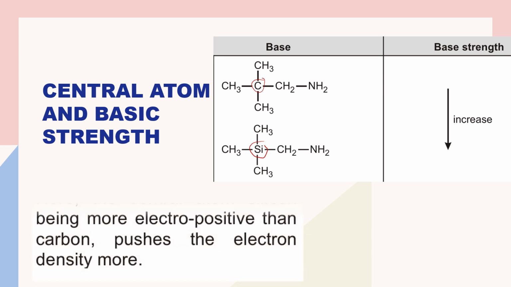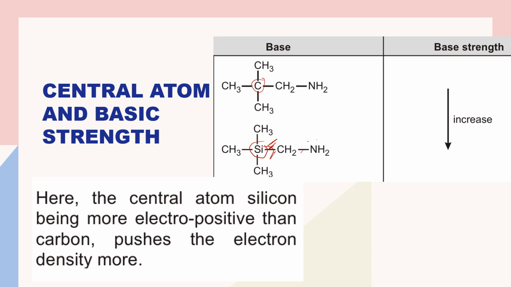As we know, silicon is more electropositive. That's why it pushes the electron towards the nitrogen atom more easily. That's why electron density in this case is more on the nitrogen atom. That's why this compound is more basic.